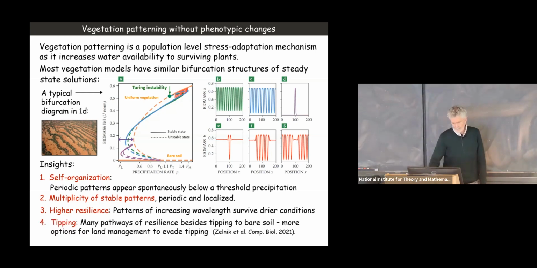And tipping, there again, like in the phenotypic changes, here even more, there are many pathways of resilience, transitions to periodic patterns of different wavelengths, and also the possibility of tipping to bare soil once we go below the stability range of the uniform vegetation.